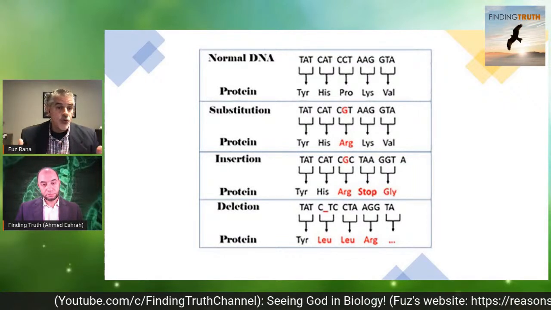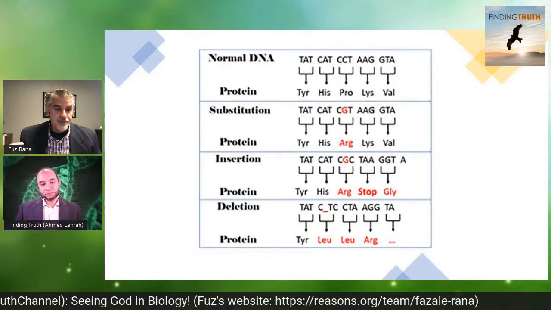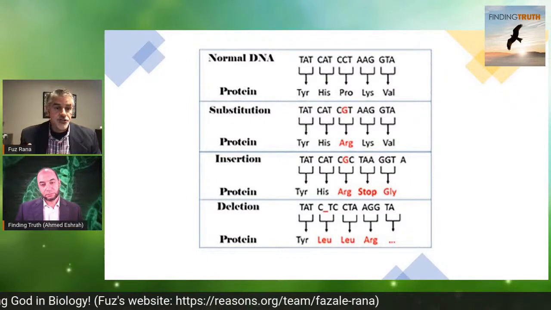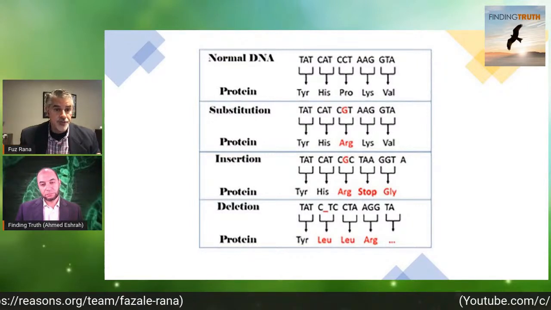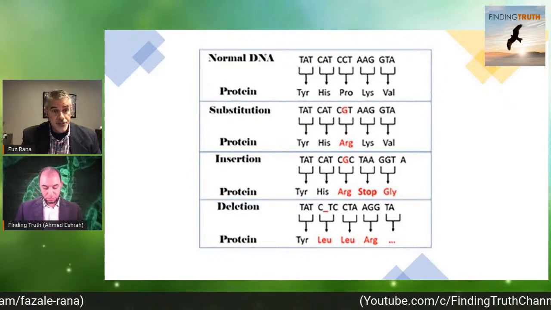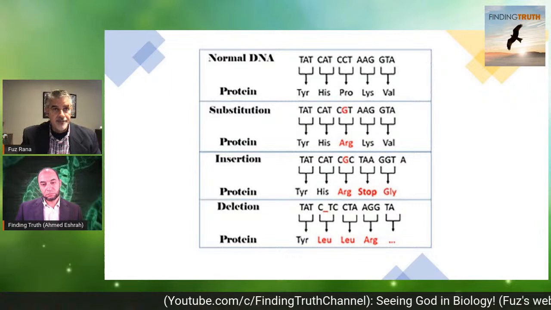Frame shift mutations are really bad news. Substitution mutations are bad. Frame shift mutations, whether they're through insertions and deletions, are really bad. And there can be a single insertion or two insertions. Now, if you have three insertions, you will actually cause a frame shift.